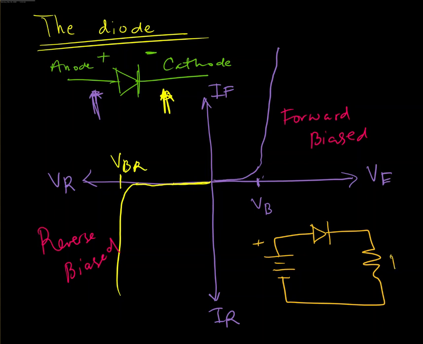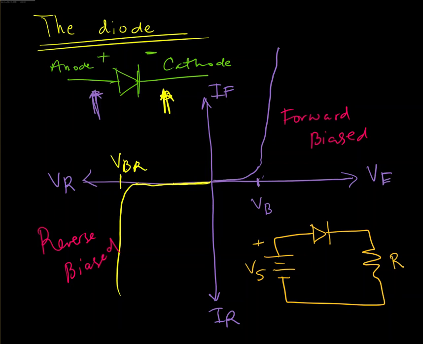This is some VS DC voltage. When VS is very, very small, the diode won't be on. But if you make VS bigger than the barrier voltage, then the diode will be on, right?